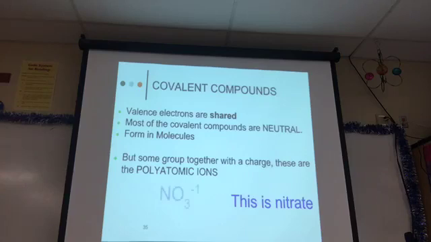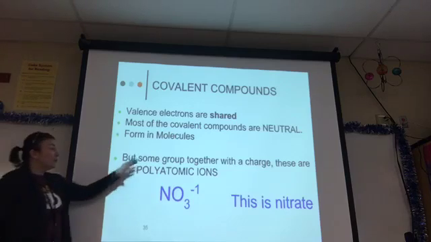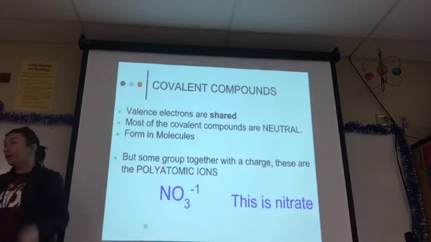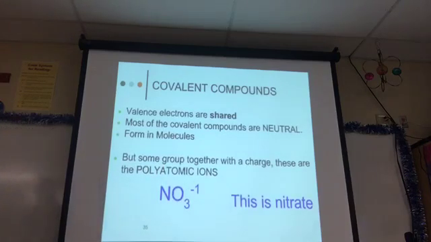Good job. NO3 minus 1. That's nitrate. It's on the back of your periodic tables, right? Some of your covalent compounds are going to be polyatomic ions. They will act like anions in a compound, this big group. But most covalent compounds are neutral. Most of them are neutral. Okay?